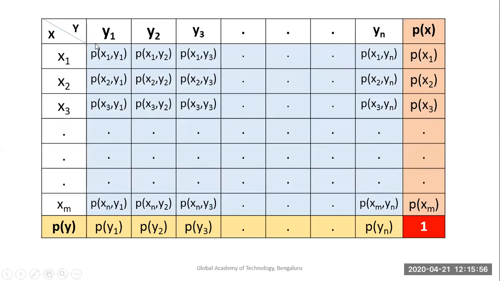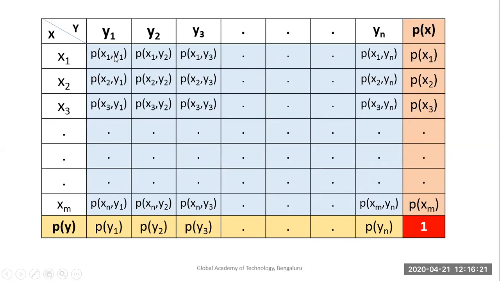So this is the joint probability distribution table. Here the first column is for the random variable X. The first row is for the values taken by the random variable Y. So X takes x1, x2, x3, up to xm. The values taken by Y are y1, y2, y3, up to yn. The values given in these blue cells are the joint probabilities.